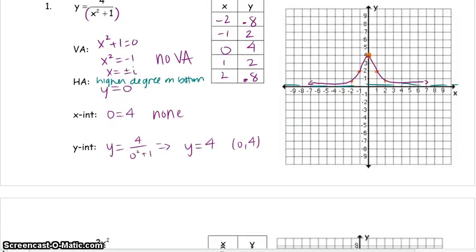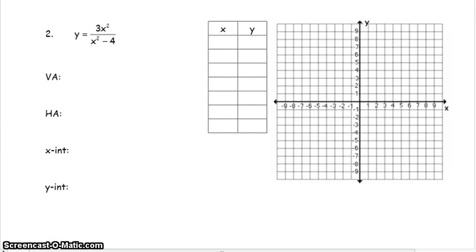Alrighty, turn the page over and look at number 2. It has 3x squared over x squared minus 4. So we need to find our vertical asymptote. We set our denominator equal to 0. So we have x squared minus 4, set that equal to 0. We can factor this to x plus 2, x minus 2 equals 0.